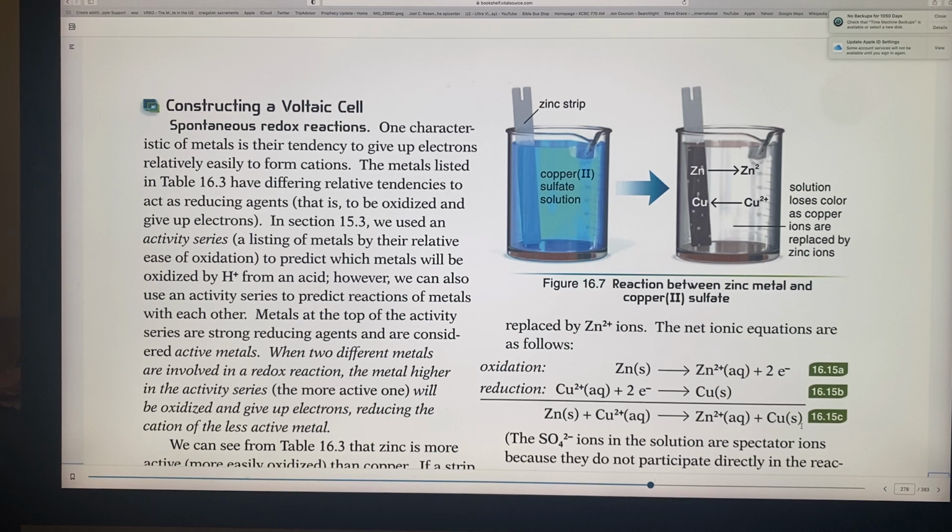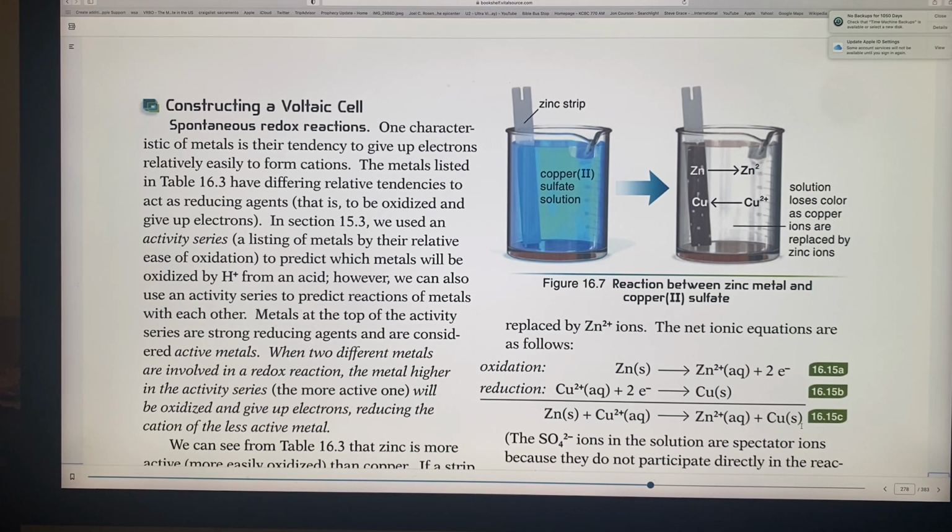When two different metals are involved in a redox reaction, the metal higher in activity, the more active metal, will be oxidized and give up electrons, reducing the cations of the less active metal. So now we're not just going by which ones are positive and which are negative, but which ones are more negative, because the more negative one will take over, oxidize, give up electrons, and become the active metal.